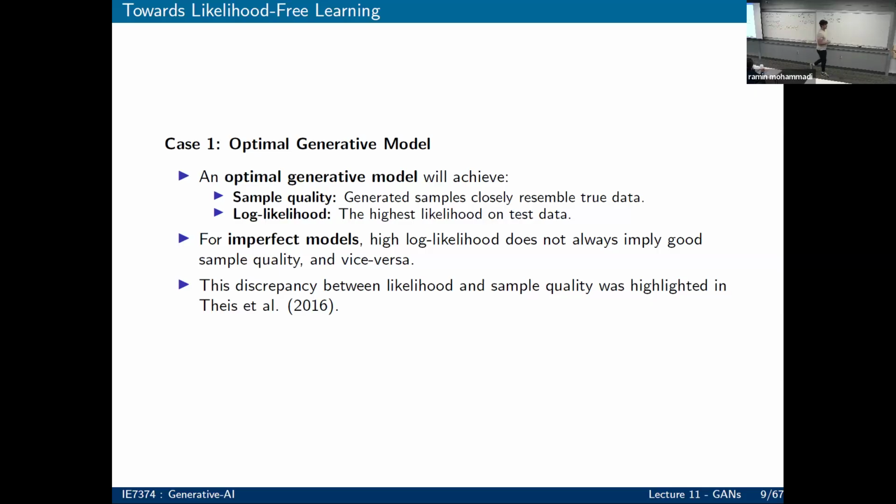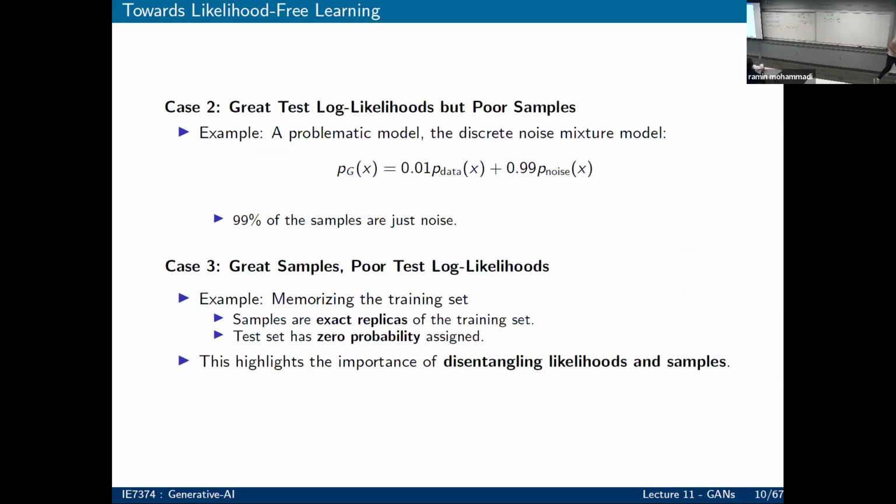Now, in order to understand that better, let's look at one example. Let's assume we have a model that looks like this.